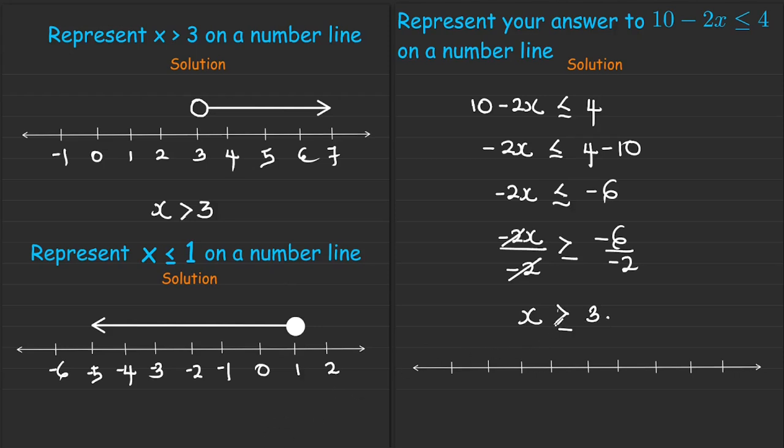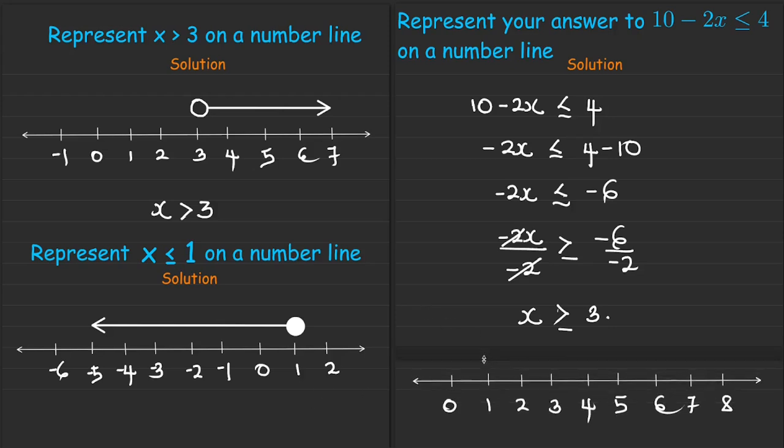So we need our number line, and since this is obviously going to the right hand side, we need more of the positive numbers. So with that said, I'm not even going to include a negative, but I'll put a 0, 1, 2, 3, 4, and then continue with the rest. And it says x is greater than or equal to 3. So what do I do? I put my circle, which is a closed circle for that matter, because it is or equal to.